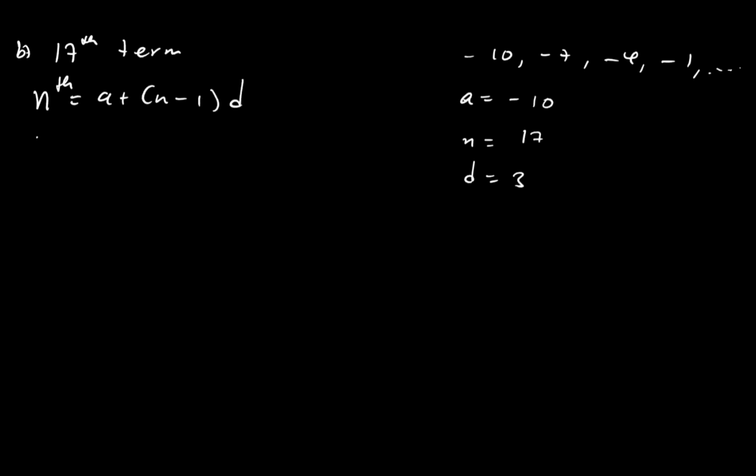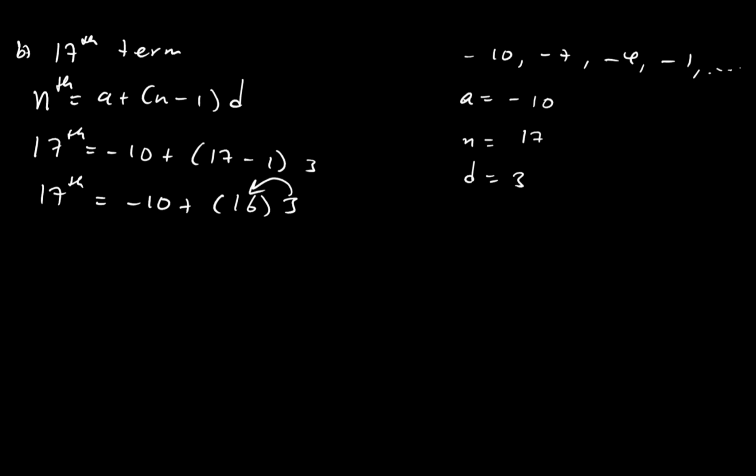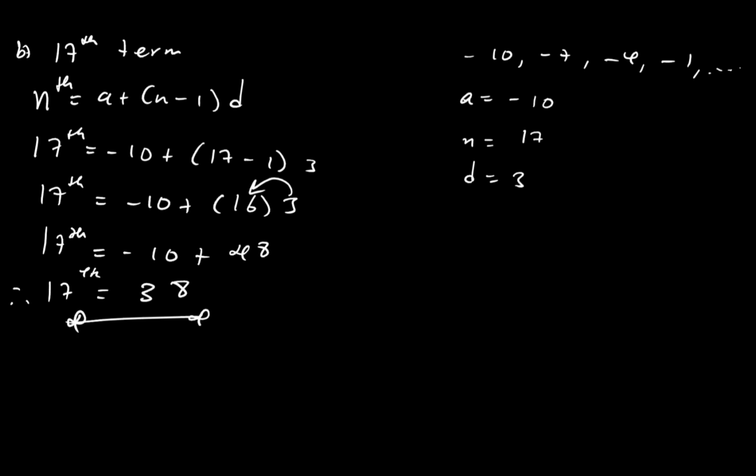So we have the 17th term being equal to negative 10 plus 17 minus 1, then 3. What is 17 minus 1? That is 16, times 3. So the 17th term is equal to negative 10 plus 48. If we work this out cleanly, we have the 17th term being equal to 38. So that would be our answer.